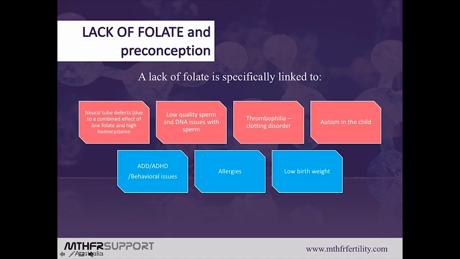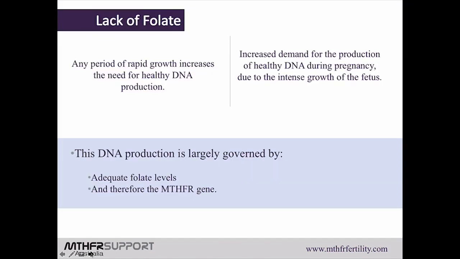Remember, we said that this lack of folate is really linked with a whole lot of different issues as far as fertility and preconception go. Not only neural tube defects, but the quality of the sperm, the quality of the egg, clotting disorders, behavioural issues like autism, ADD, ADHD, allergies, low birth weight, multiple miscarriages, autoimmune, and really it goes on and on.